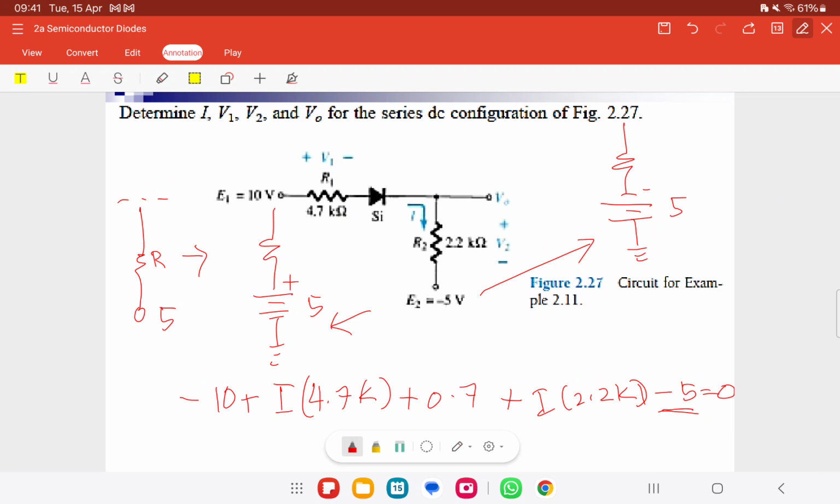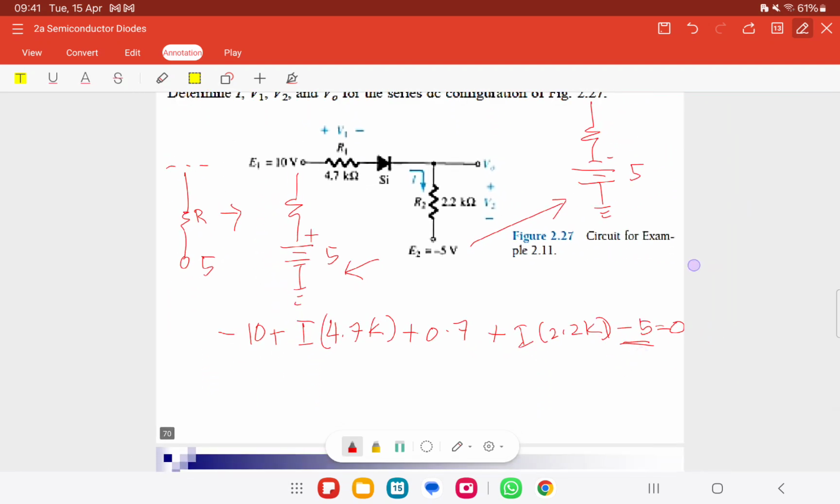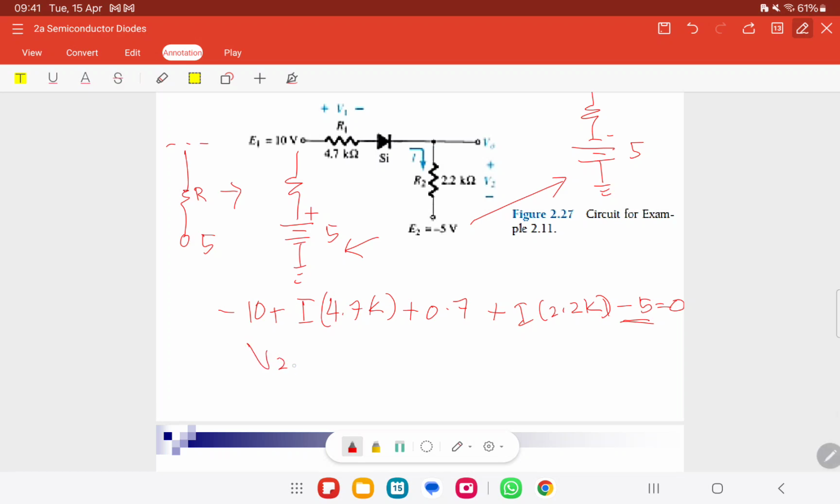Tapi dia simple circuit juga, one loop. Still one loop. Okay, so now we want to get the value of the dia tak apa, V2. Okay, the value of the V2, I darab dengan the R. Okay, dia tak masuk dengan minus 5 ni. Sebab V2 dia habis kat situ.